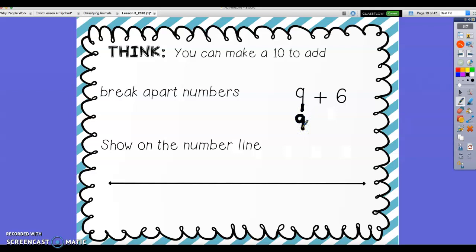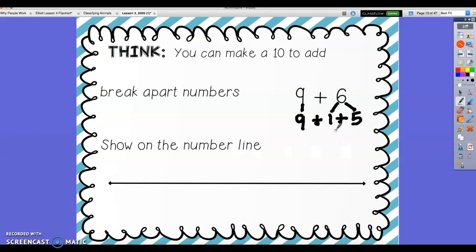I don't want to mess with the number that's closest to 10. Now I'm going to break up my 6. So if I'm one more closer to 10 with this number, I'm going to break apart the 6 into 1 and 5. So 1 plus 5 is 6, and then 1 plus 9 is 10. So now my equation is pretty balanced there.